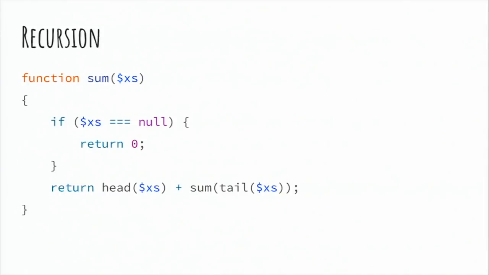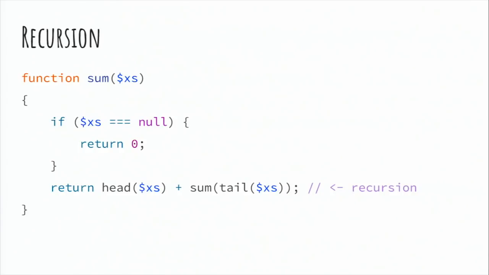So let's look at this recursion, because here we have the recursion at the end of the function. But this means that you get a very large stack trace, because every function calls itself. So if your list is 1,000 items big, then your stack trace will be 1,000 items as well.